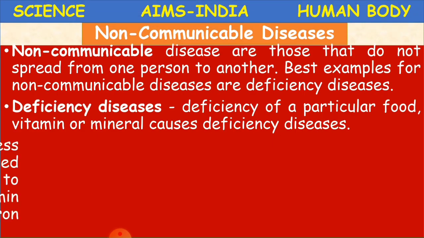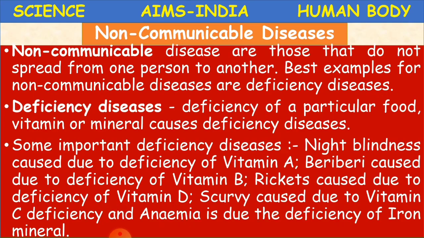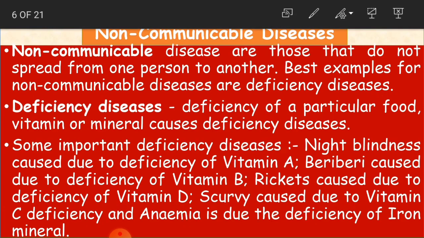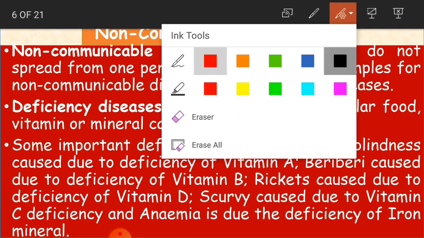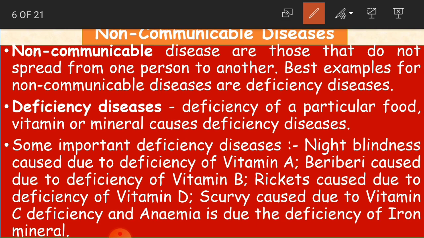Clear, children? Now, what are some important deficiency diseases? Night blindness, caused due to deficiency of vitamin A. See, there are some deficiency diseases, we'll just know about that. Night blindness. Have you heard about this, children?